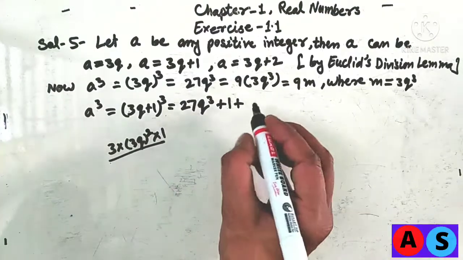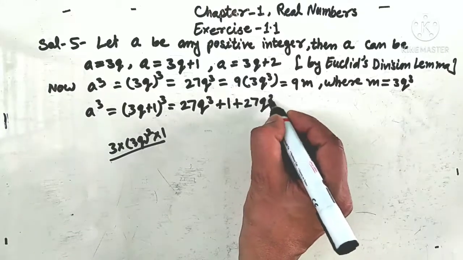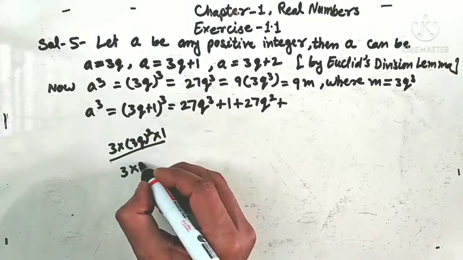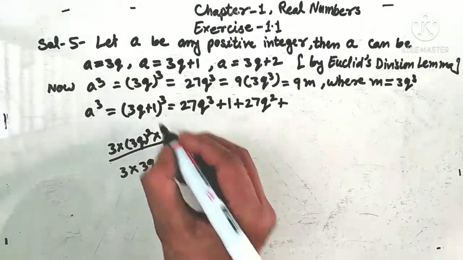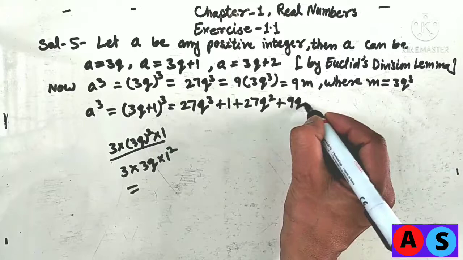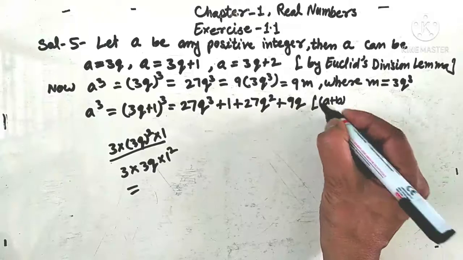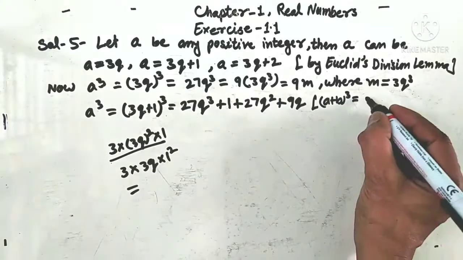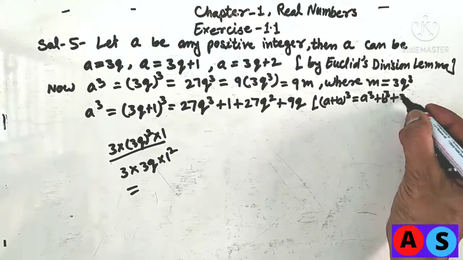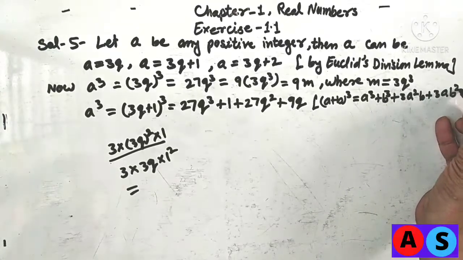We get on multiplying 27q square, plus 3 times 3q and square of 1, we get on multiplying 9q. We opened it with the help of the identity: cube of a plus b is equal to a cube plus b cube plus 3a square b plus 3ab square.